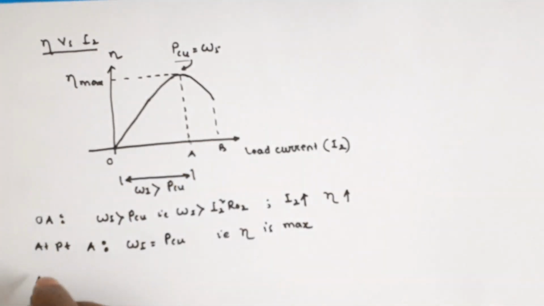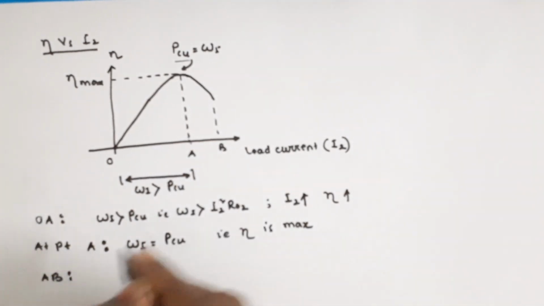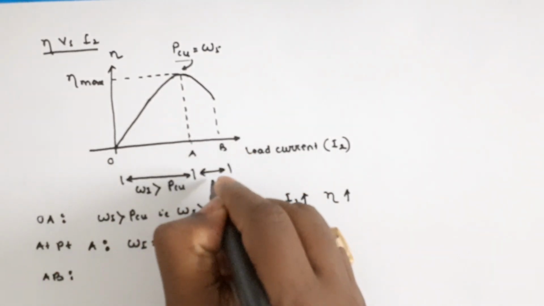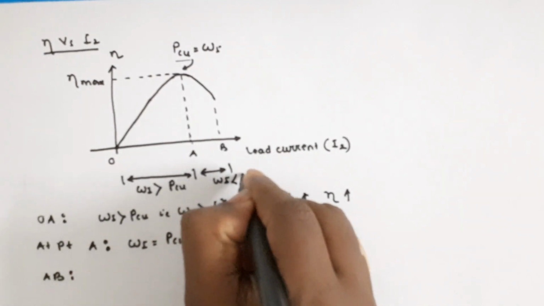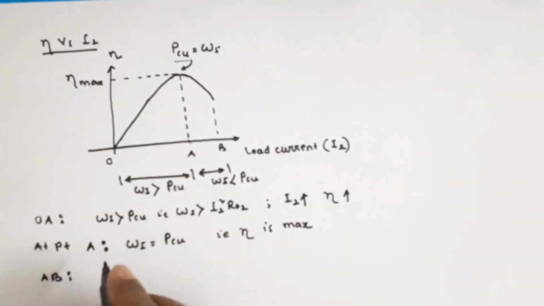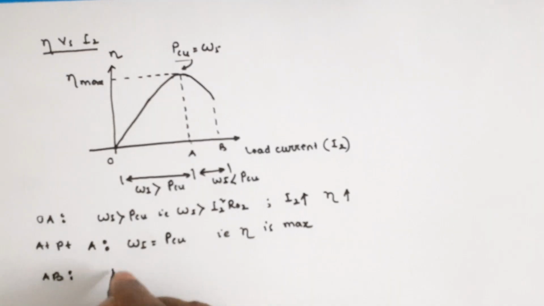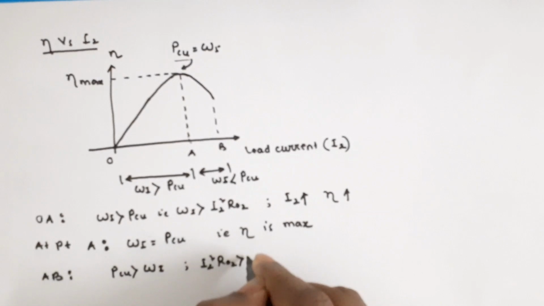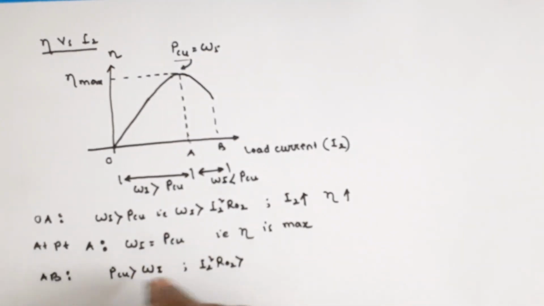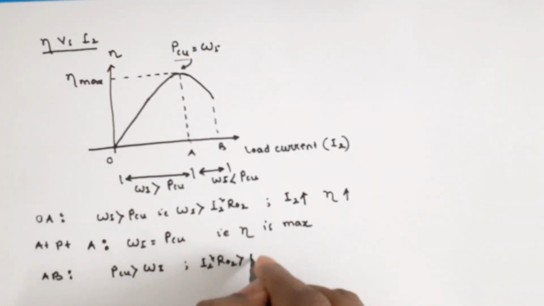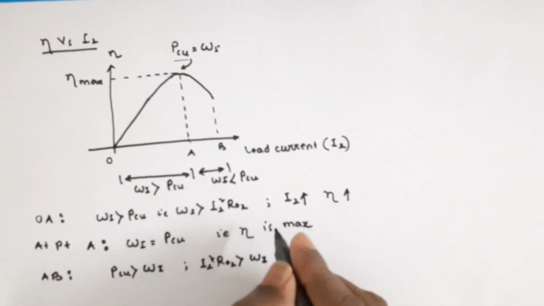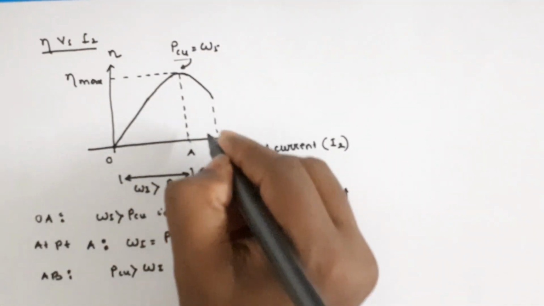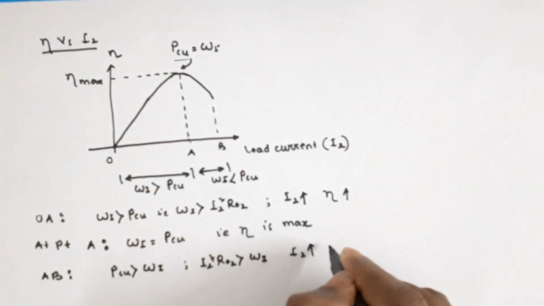In the AB portion, the iron loss is less than copper loss. That means in the AB portion copper loss I2 square R02 is greater than iron loss Wi. In this portion, if I increase the load current I2 in this direction, then efficiency decreases.